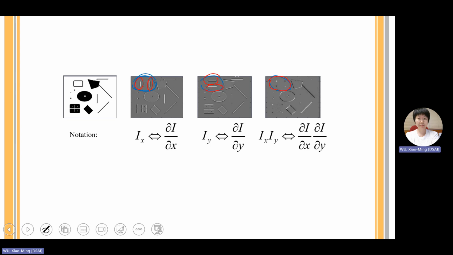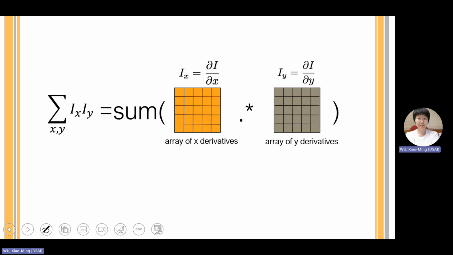You can see all the edges of the square just disappear because their ix and iy cannot be non-zero at the same time. Either one of them will be 0. So after the multiplication the edge just disappears, meaning that this term is 0.